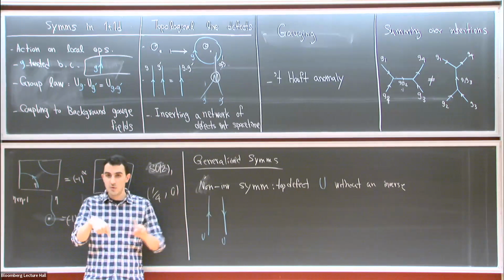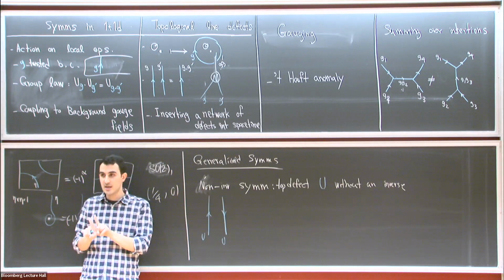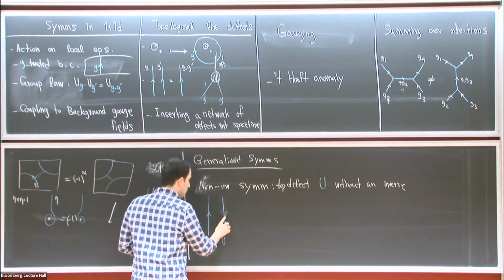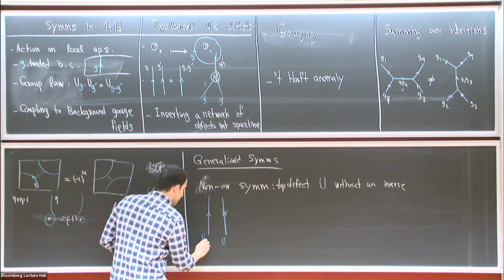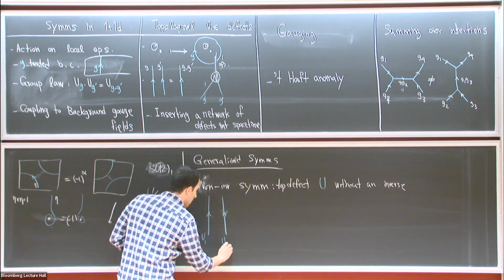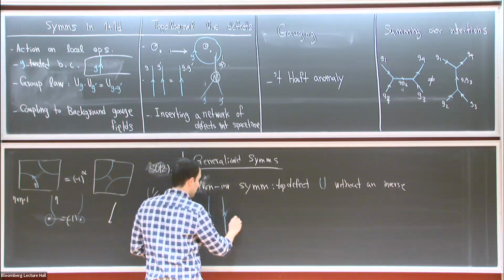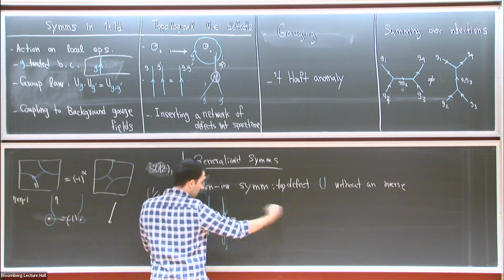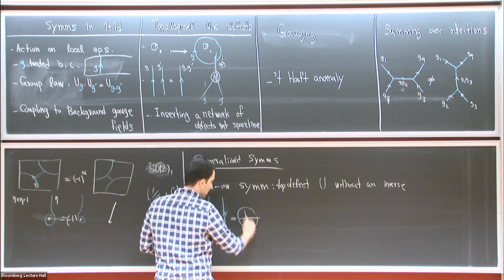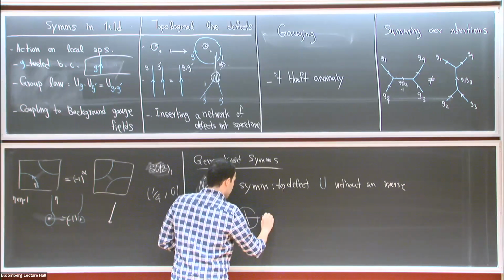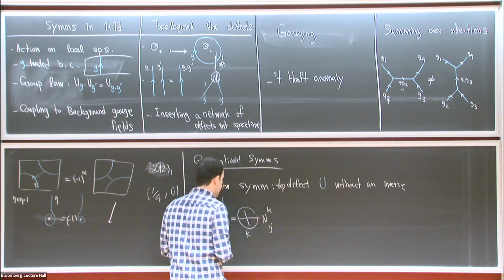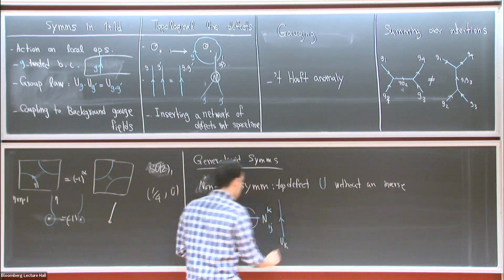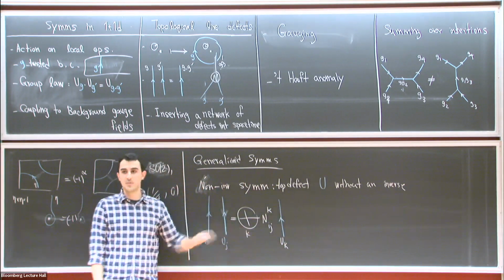If it's invertible, when I fuse them, I should get the identity line. When it's non-invertible, this is not the case. More generally, if you have two lines, let's say U_I and U_J, and I put them parallel to each other, instead of just one line as in a group law multiplication, I get a sum of lines. So I get the sum over K of N_IJ^K times U_K. As for a group law, I just get one single term on the right hand side.